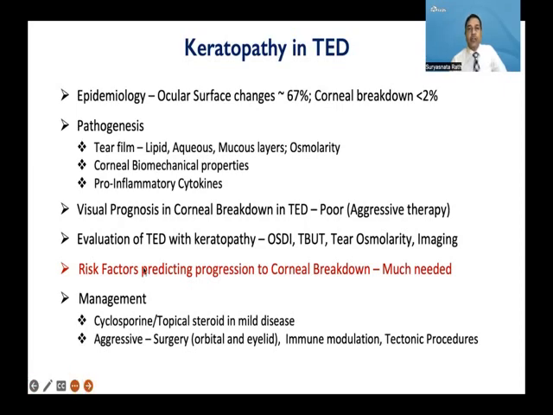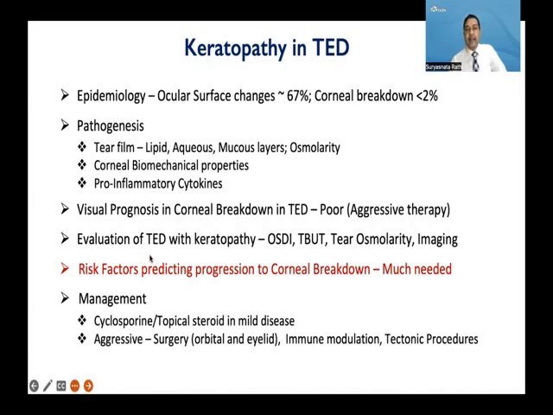New information in changes related to tear film, corneal biomechanical properties, and pro-inflammatory cytokines is key to understanding the pathogenesis of corneal breakdown and ocular surface milieu in thyroid eye disease. Unfortunately, a large majority of those with corneal breakdown have poor visual recovery, necessitating aggressive therapy.